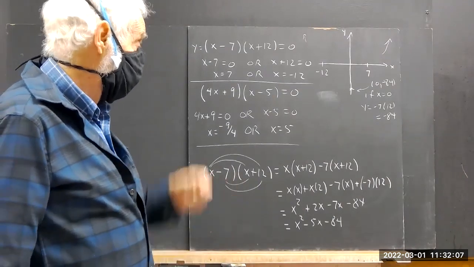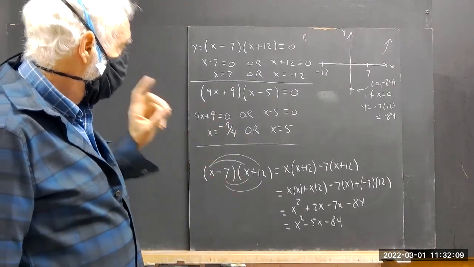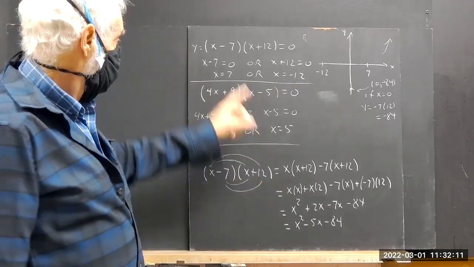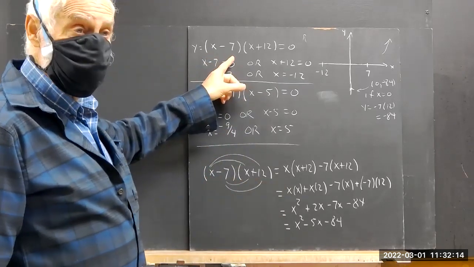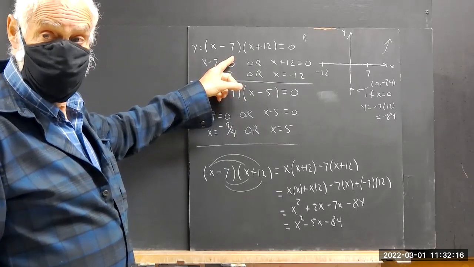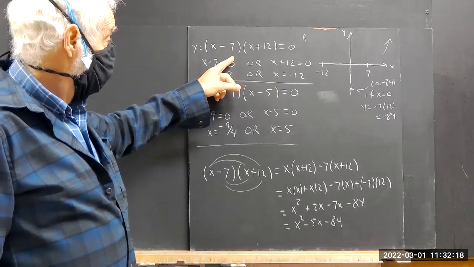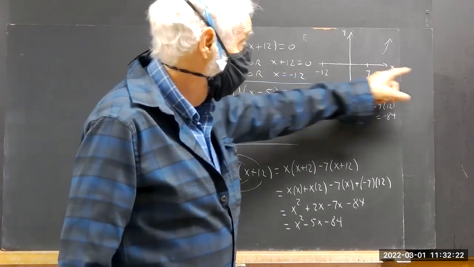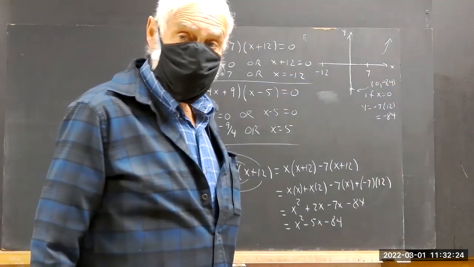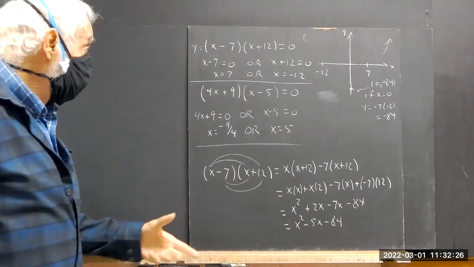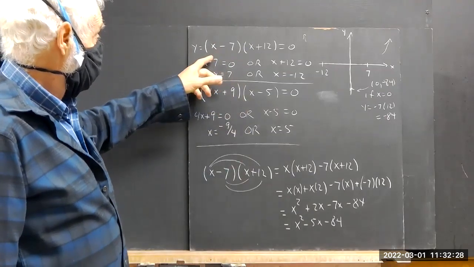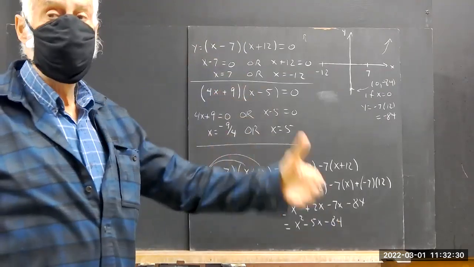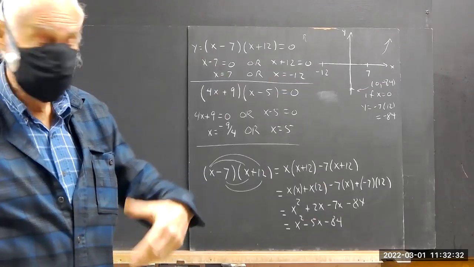Also, we can say, if x is bigger than 7, then x minus 7 is positive, right? And x plus 12 is positive. So the thing has to be positive to the right of 7. If x is less than negative 12, then subtracting 7 is going to be even less, right? It's going to be negative.